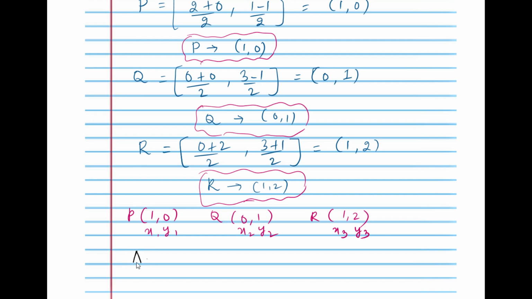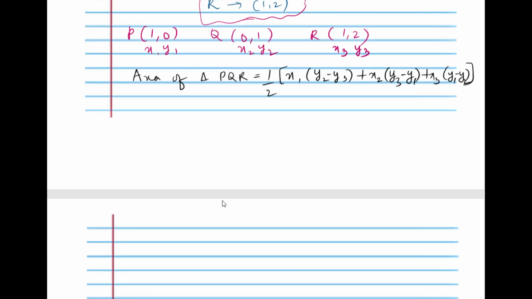Area of triangle PQR equals half into [x1(y2 minus y3) plus x2(y3 minus y1) plus x3(y1 minus y2)].